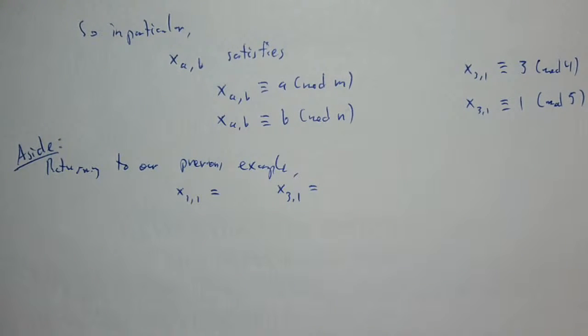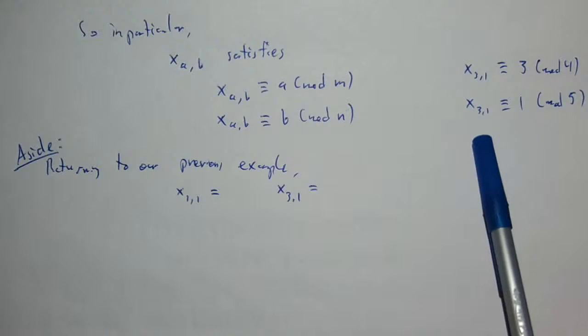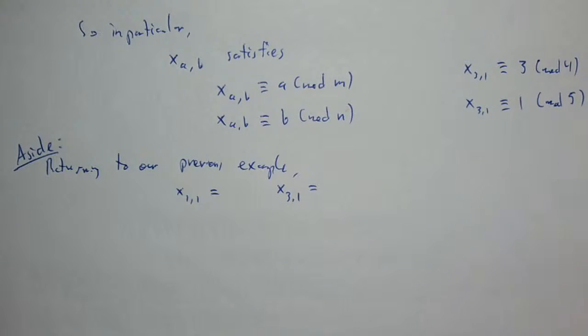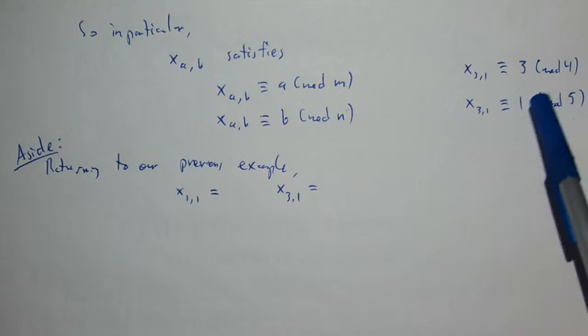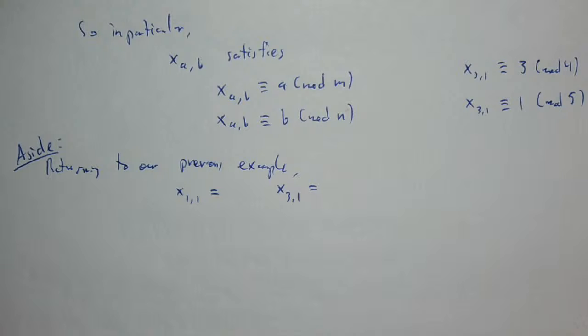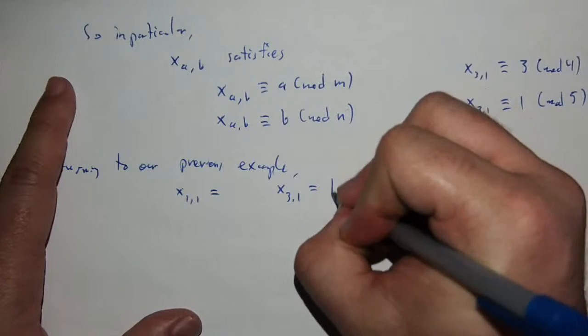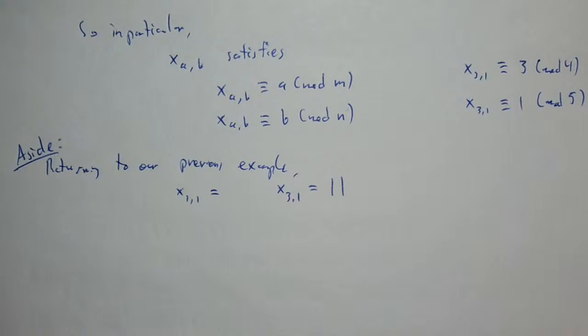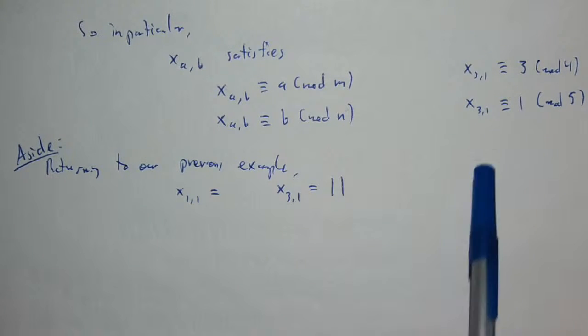So what integer between 1 and 20 is congruent to 3 mod 4 and 1 mod 5? If I divide by 4, it has remainder 3. If I divide by 5, it has remainder 1. Turns out that's 11. Okay, so 11 satisfies that.